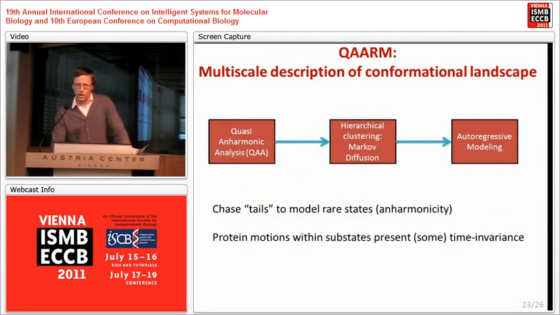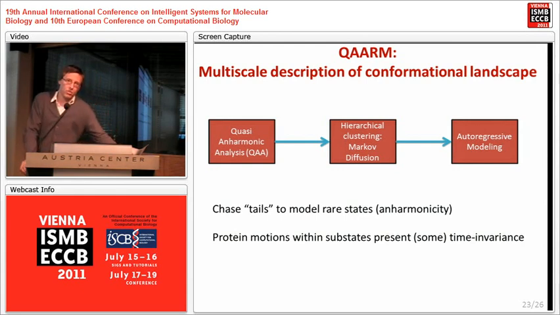The takeaway message for the talk, hopefully, is that these rare states in the tails of the distributions are important, and they shouldn't be overlooked, even though there are a lot of methods that do overlook them.